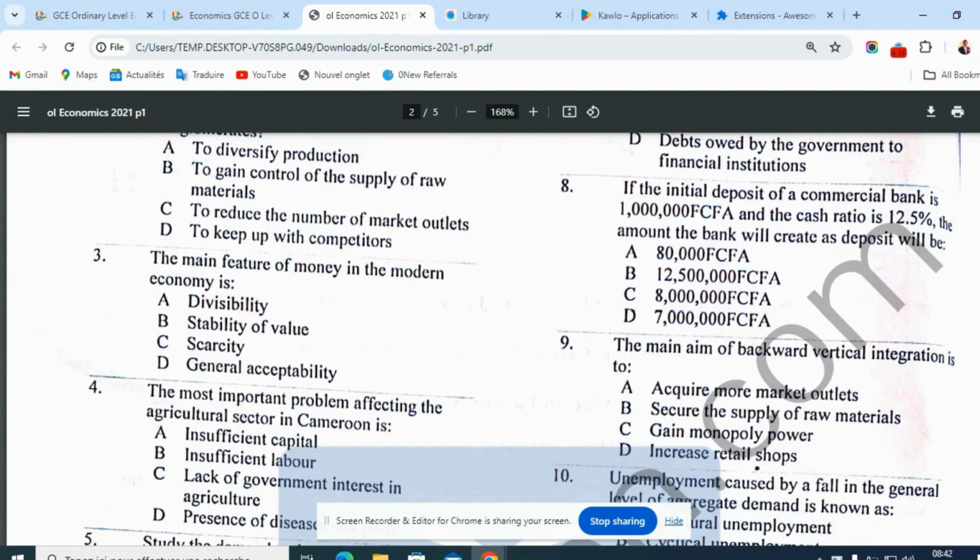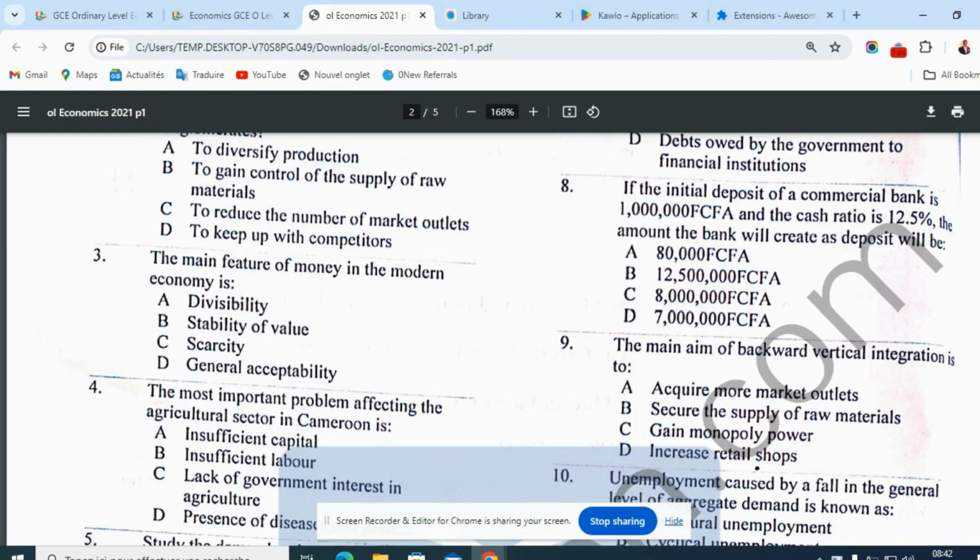It says the initial deposit of a commercial bank is 1 million francs and the cash ratio is 12.5%. The amount the bank will create as deposit will be, so what is the amount that the bank is going to create as deposit, right? Given this, the correct answer here is C, which is 8 million.